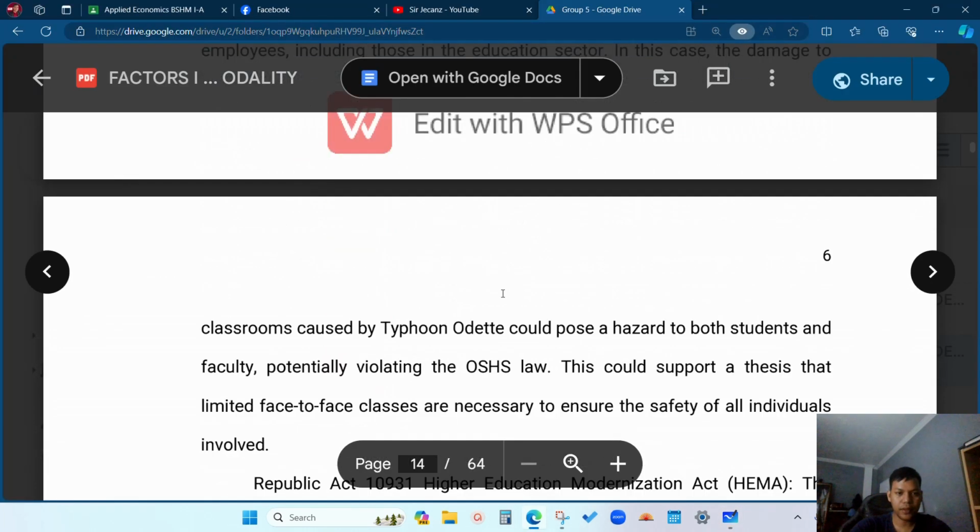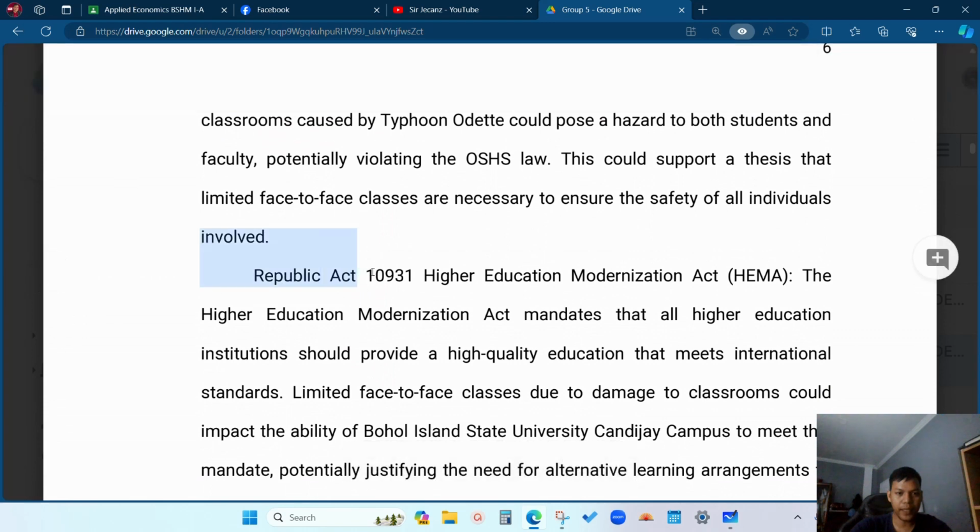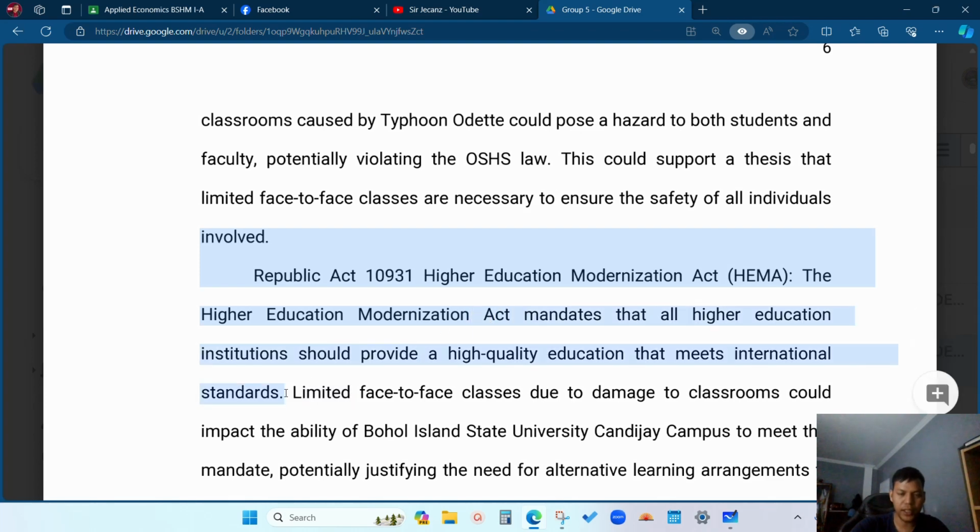And we'll check if there's a third legal basis. According to Republic Act 10931, the Higher Education Modernization Act, or HEMA, it mandates that all higher education institutions should provide a high quality education that meets international standards.